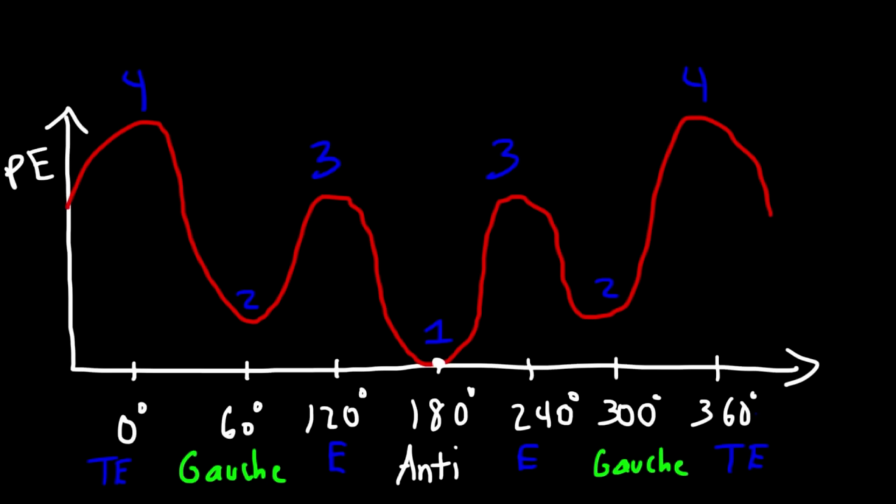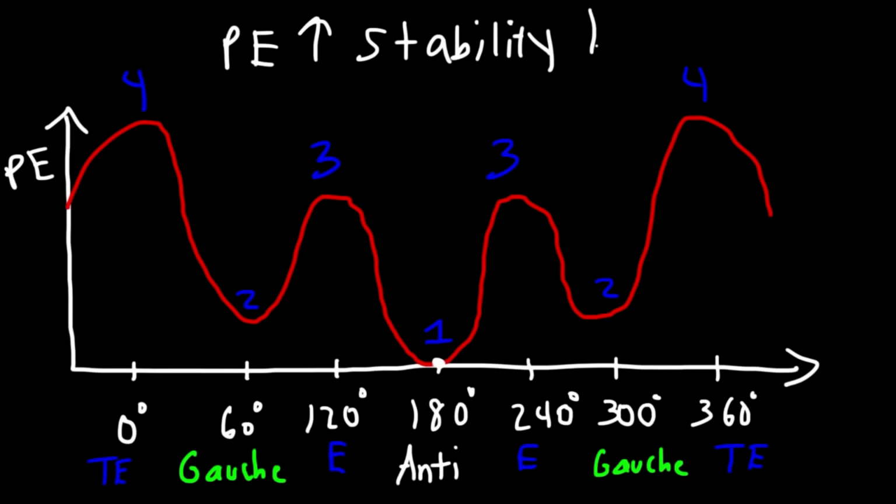So you can see where they're located on this potential energy diagram. As the potential energy increases, the stability of the molecule decreases. Highly stable molecules have low potential energy, and unstable molecules have high potential energy. So that's it for butane.